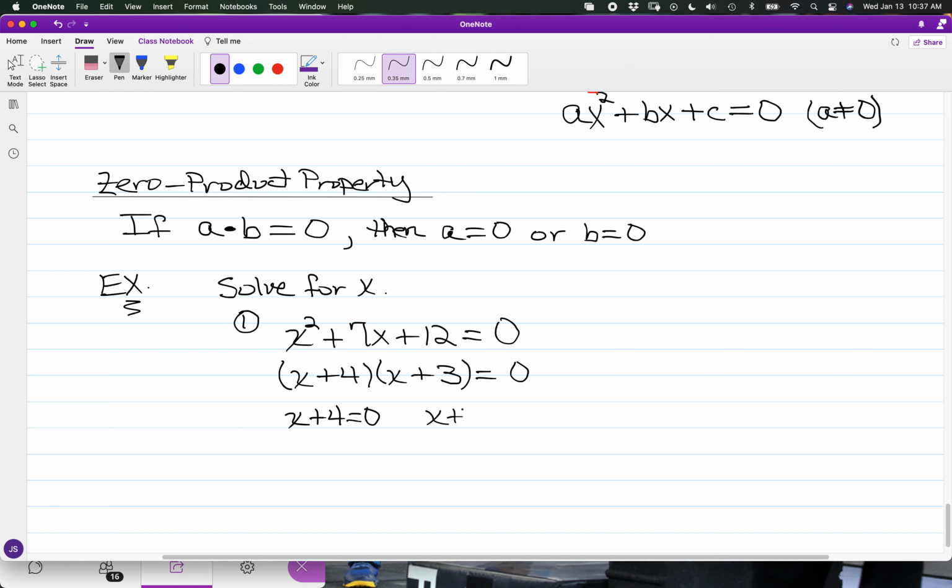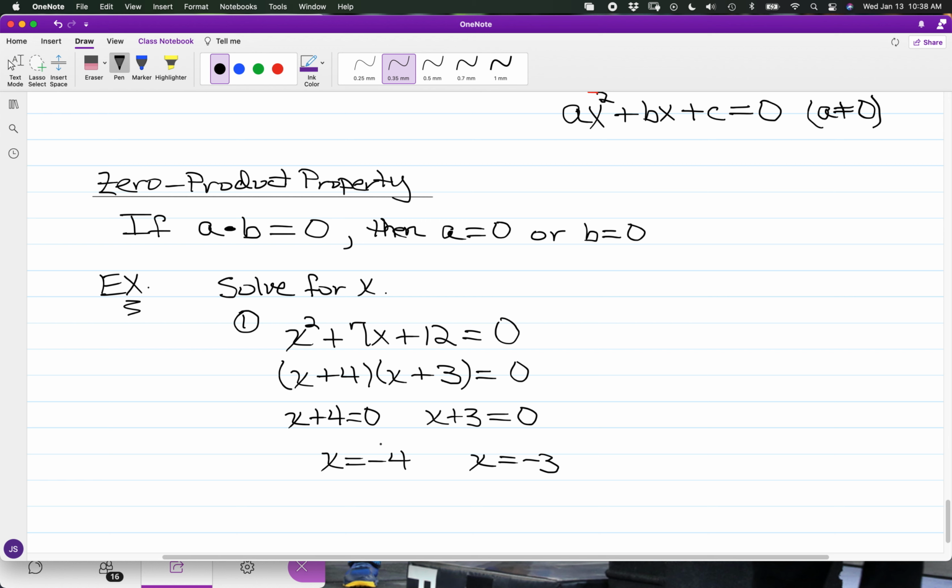Now we dealt with restricted values in terms of what x cannot be, but now we're looking at this setup in terms of what x has to be for there to be a solution. So for x plus 4 equal to 0, for this statement to be true, I take away 4 from both sides, so I have x equal to negative 4. And for x plus 3 equal to 0, we have that x is equal to negative 3.